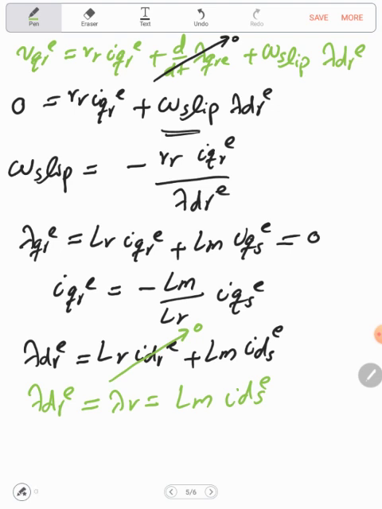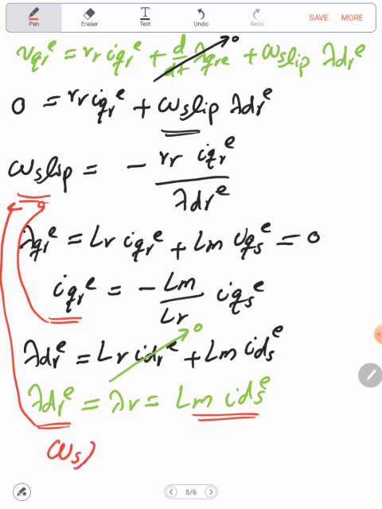Now we can substitute the value of lambda DRE and the value of IQRE in omega slip, and we will end up with omega slip equal to RR over LR IQSE over IDSE.